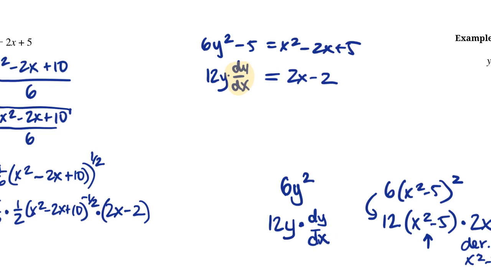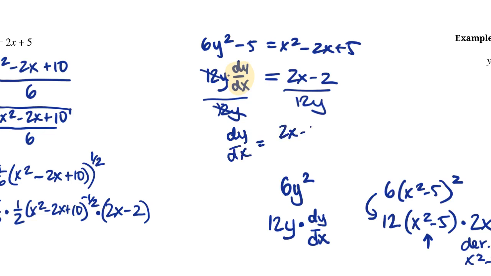So let's do that. If we bring that 12y to the other side, essentially we divide both sides by 12y, right? Divide by 12y, divide by 12y. Those are going to go away. We're left with dy by dx equals 2x minus 2 over 12y.